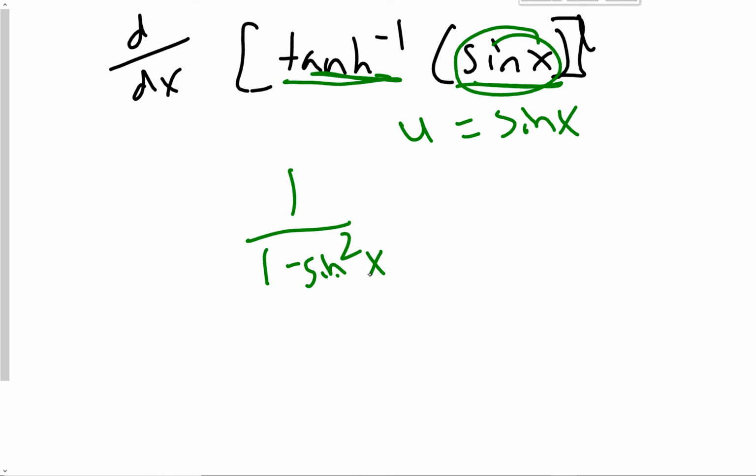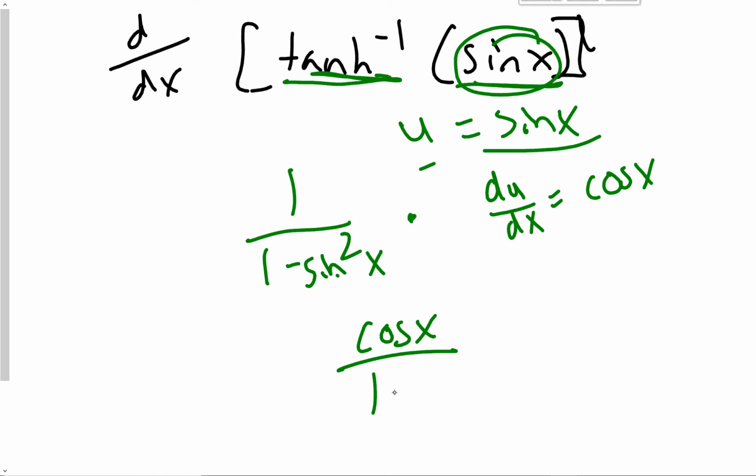Okay, and then I multiply that by the derivative of the inside, or just u prime. It's cosine of x. So this is cosine of x over 1 minus sine squared of x, which is just cosine x over cosine squared x.